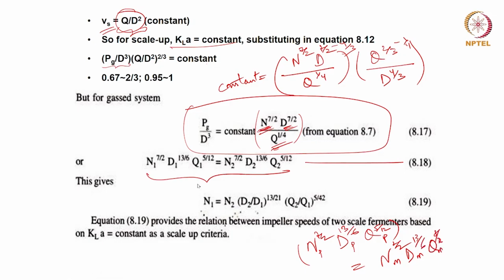This is what has been shown here in this equation, which I have underlined with a curly bracket. So if now we know the constant scale factor, then this is how the impeller speeds at the two scales can be related if KLA is the scale up criteria.